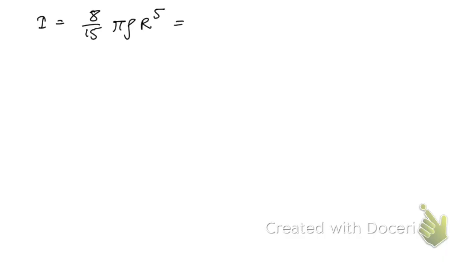And it can also be written this way: 2 by 5 into 4 by 3 pi r cube. I have written this because we know 4 by 3 pi r cube is the volume of the sphere, into rho into r square.